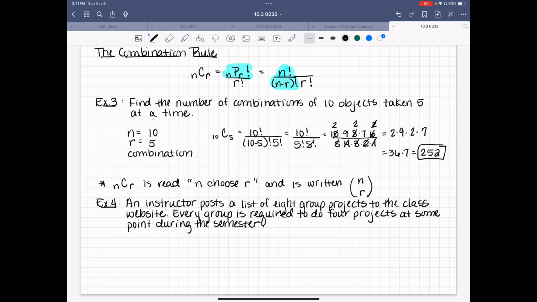How many different ways can a group choose the 4 projects they want to do?